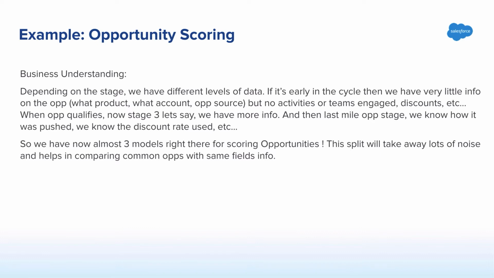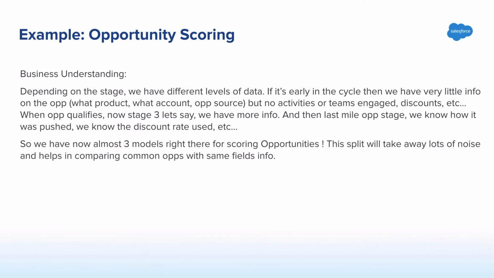In the early stages, not a lot of activities, not a lot of teams engaged, not a lot of discounts. But when the opportunity qualifies or moves to a mid to advanced stage, you have way more information on that opportunity object. And then even the last mile, that final stage, at that point in time we have so much more information to consume.